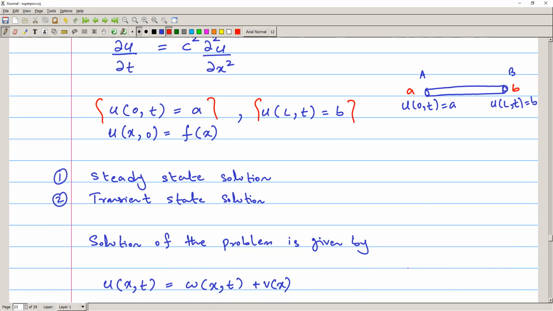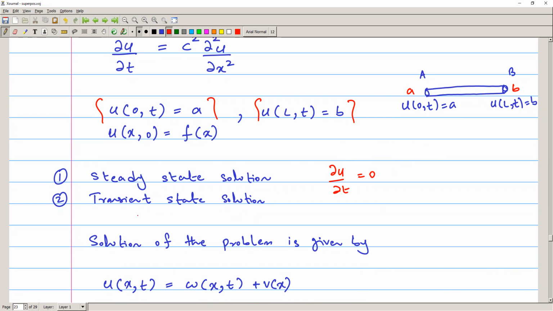Number one is the steady state solution, and that is when ∂u/∂t = 0. All right, because constant heat is given at both ends, therefore we will have a steady state temperature, right?